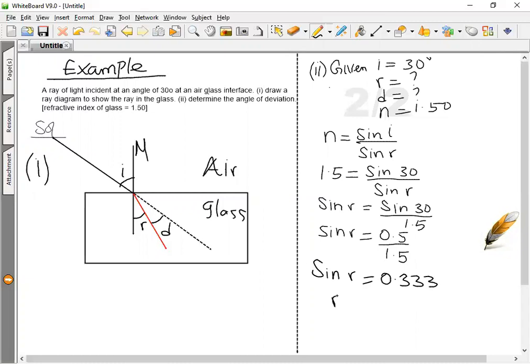So I can just say my r will be equal to sine inverse of 0.333. I'm sure you definitely know what I've done there.